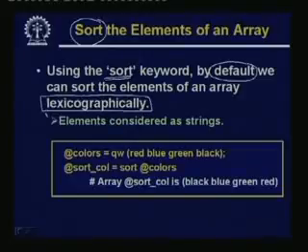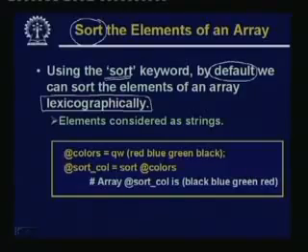Lexicographically means the elements of the array are treated as character strings and they will be sorted in dictionary order. Dictionary sorting means lexicographic ordering, okay? And the sort command by default considers that all elements are strings. For example, if you write a number 25, it will be considered as a string 2 and 5, okay?